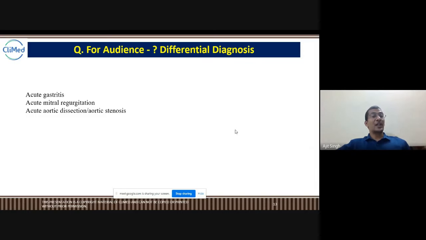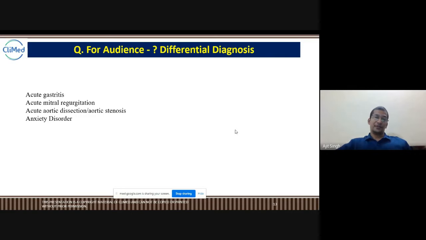And if there are signs of acute aortic dissection or aortic stenosis, the patient should immediately go through a CT scan, computed tomography scan of the cardiothoracic area. And if possible, CT guided stenting or CT guided PTCA should be done for these things.